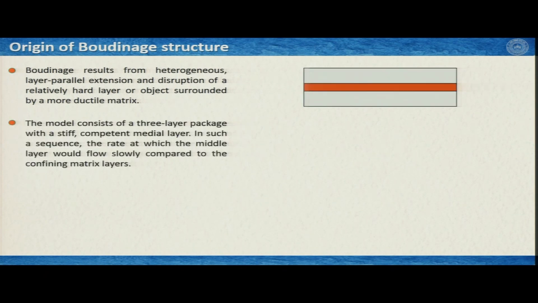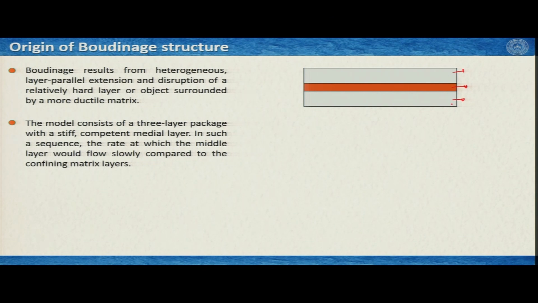So, you can imagine that if I consider a model, that model essentially needs to have a 3-layer package. The middle layer, as we are talking about, is the competent layer, and the upper and lower layers must be less competent layers.